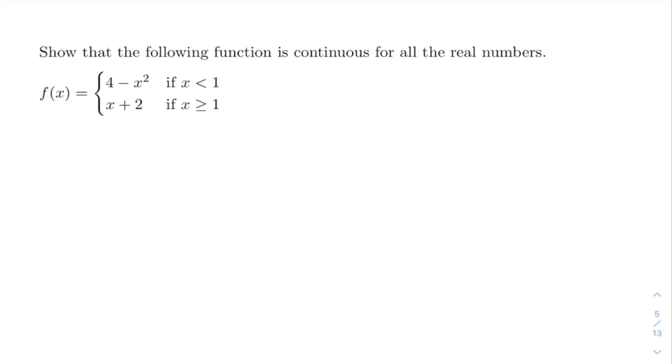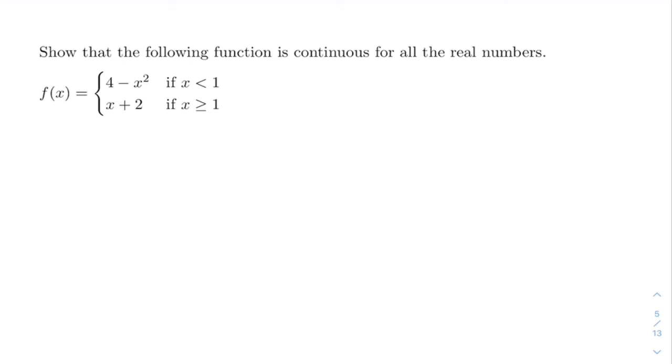So first of all, notice that if x is less than 1, then the function is a polynomial. The same case happens when x is greater than 1. The function is also a polynomial. So the only potential problem with this function could be at x equals 1. So let's check that the function is in fact continuous at 1.